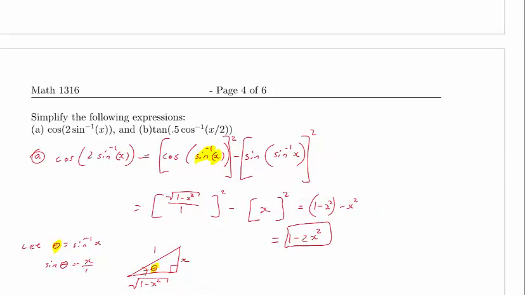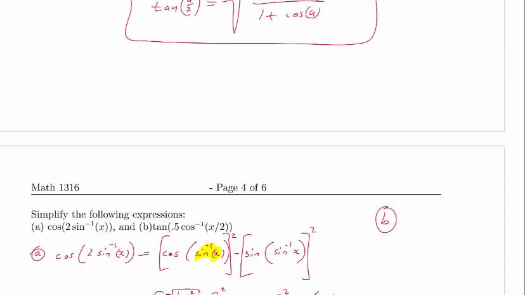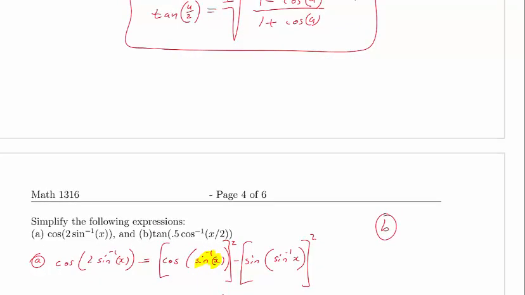So now let's take a look at the second one. And now we're going to use our half angle for tangents. 0.5 is a half. So for B, this becomes positive or negative square root of 1 minus cosine x.